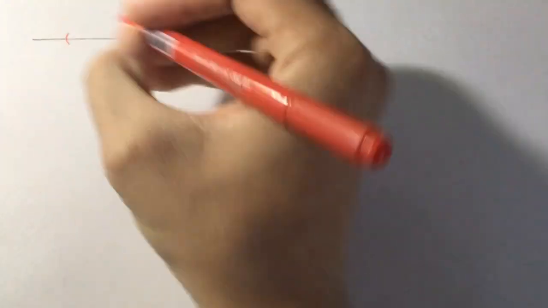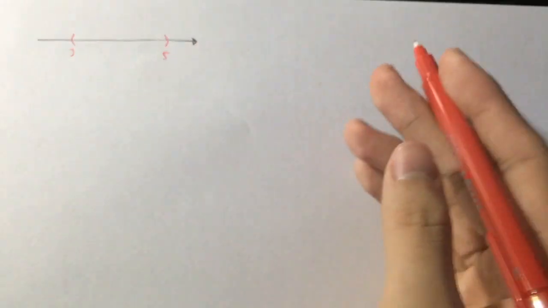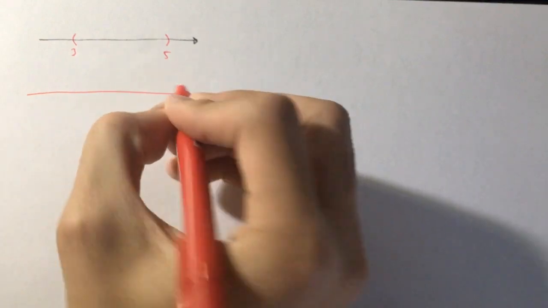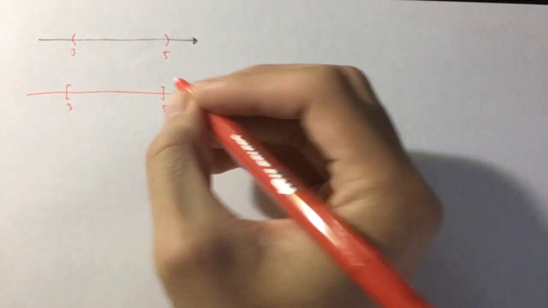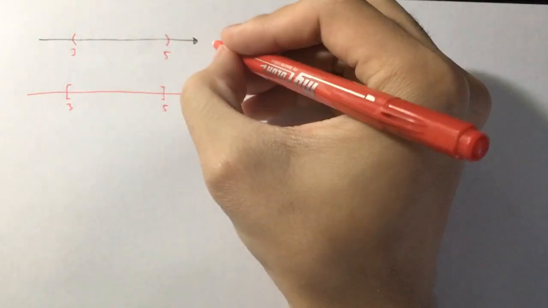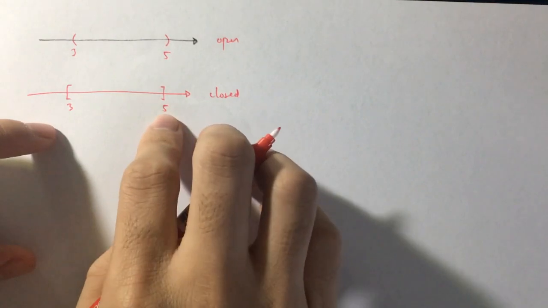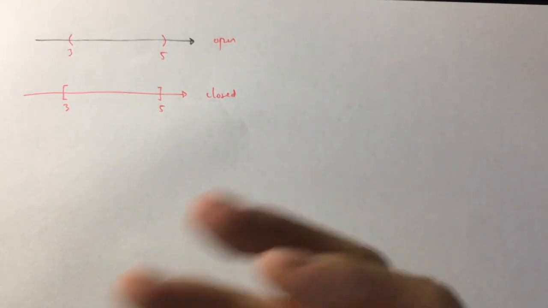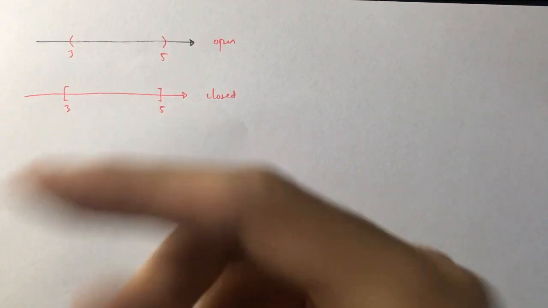So for example, like this, if I don't include the 3 and the 5, this is an example of an open set. It's not the only open set out there, but it is an example. But if I have a set which includes the endpoints, so this set includes 3 and 5, it turns out this is a closed set because it includes the endpoints.